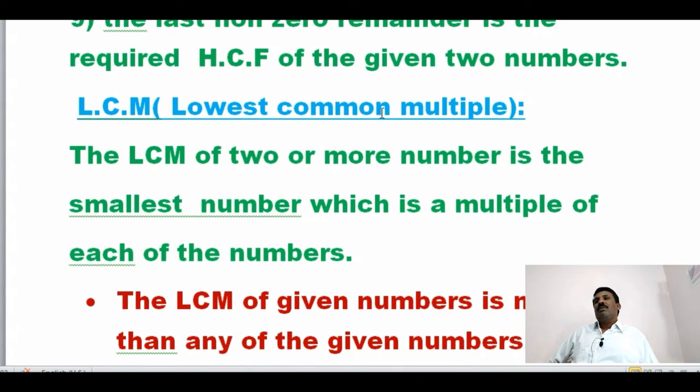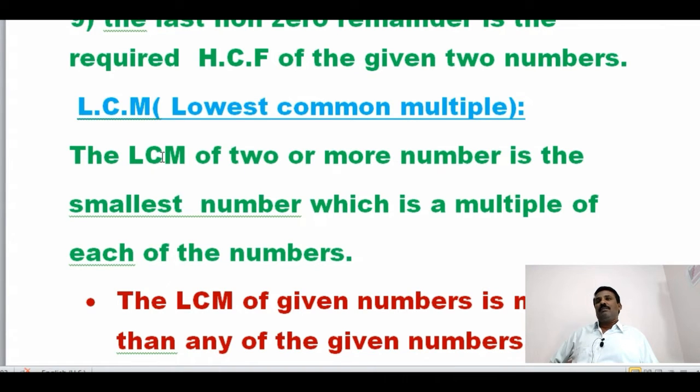LCM means lowest common multiple. The LCM of two or more numbers is the smallest number which is a multiple of each of the numbers. First you should write the multiples of the given numbers.